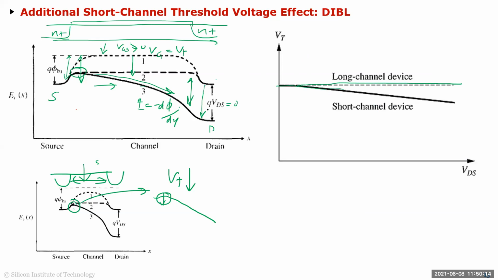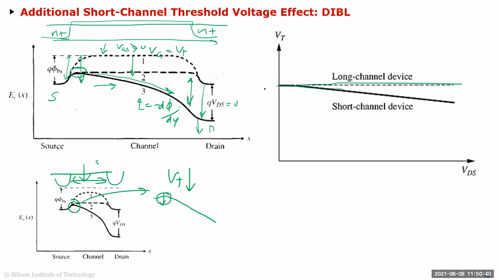Basically, your drain is inducing a lower barrier to conducting current. If you're lowering the barrier, it's easier to conduct current at a lower VGS voltage, which means your effective VT is going down. That's really the effect of DIBL, drain induced barrier lowering.